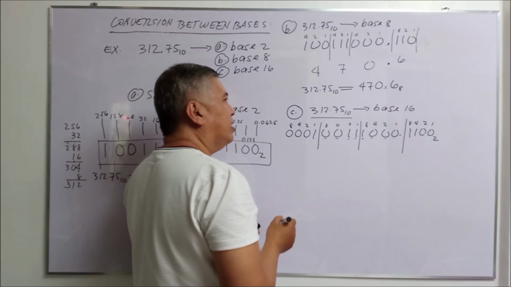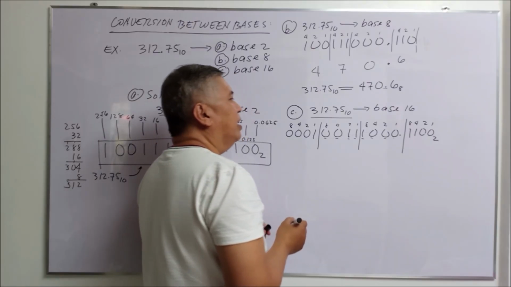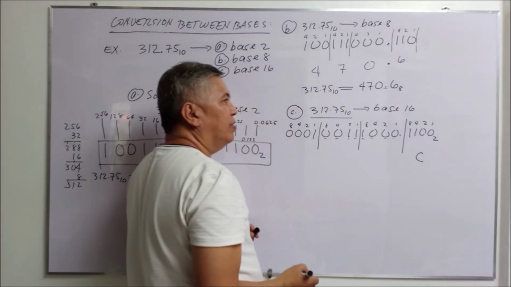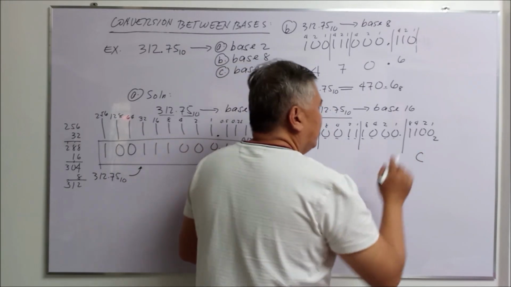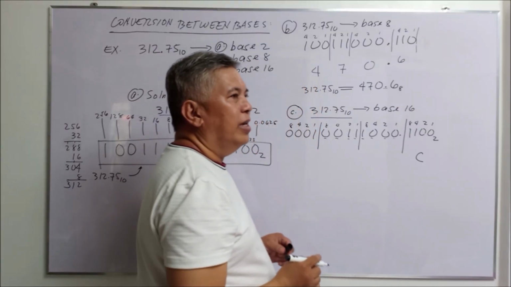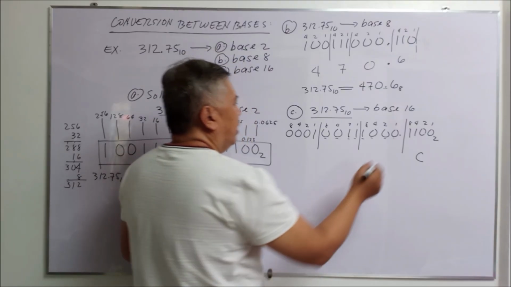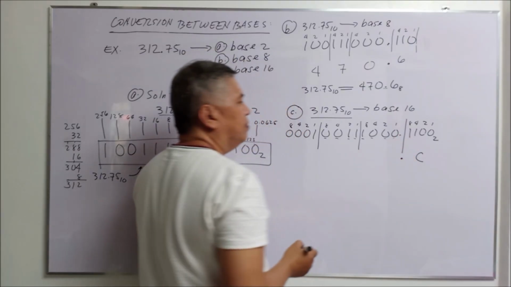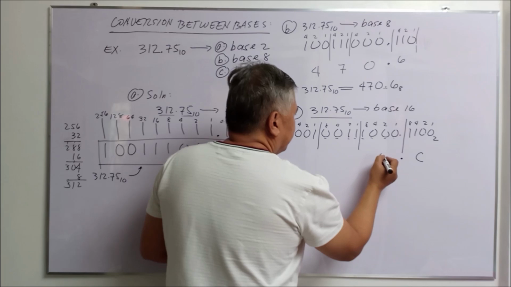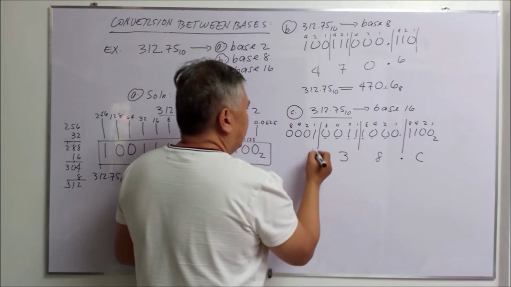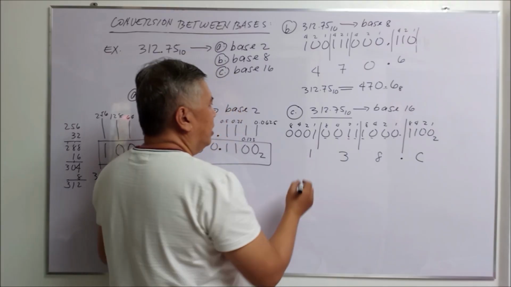So, A is 10, B is 11, C is 12. So, this is C. Do not forget, there is no 12 in hexadecimal number. Then, you bring down the point. Then, 8. Okay? Then, 2 plus 1 is 3. Then, 1.